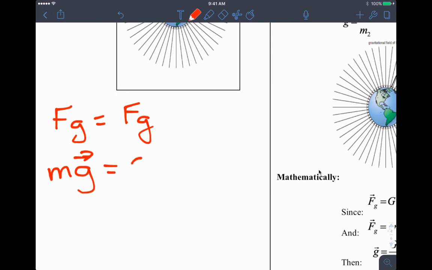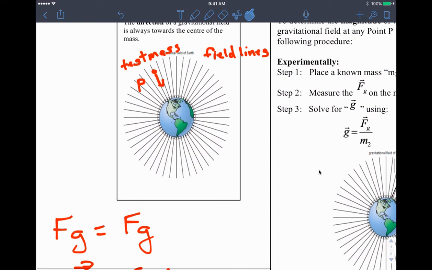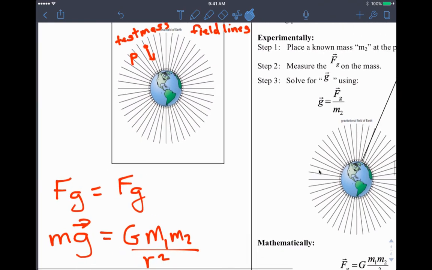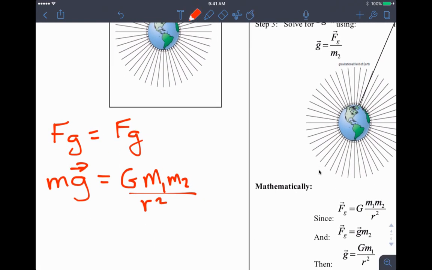Now if we combine that with the formula we've just been practicing, we can say that this idea of a test mass, like this little test mass that we put in there, is going to be the same as the second mass. I've been trying to emphasize that M1 is the bigger mass, which may help you sort out masses, but mathematically, it won't matter.